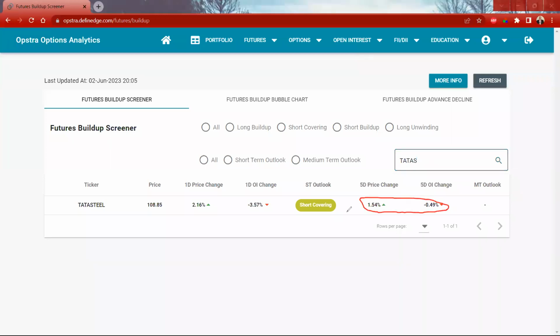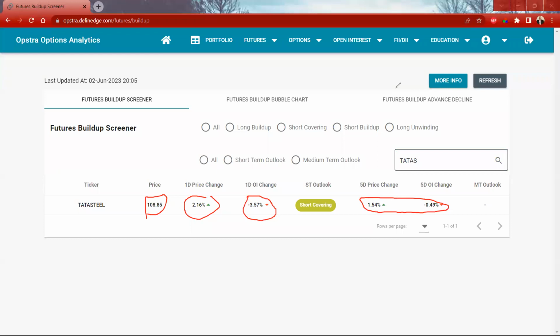Only today we saw this 2% spike with short covering in the stock. So there are plenty of shorts still in the system, and if the price continues to push its way up, then we could see further panic among future shorts and covering, which we'll come to know early next week. So on the derivative data side, the scene looks much more bullish.